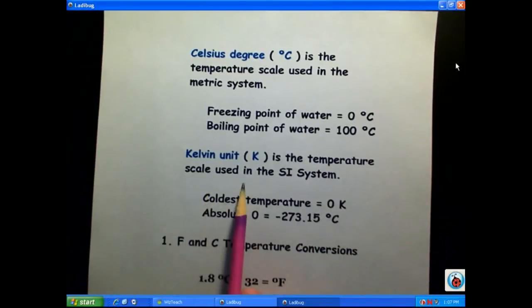The Kelvin unit, capital letter K, is the temperature scale used in the SI system. The coldest temperature is 0 K. They don't use degrees for Kelvin, they just refer to it as K. And absolute zero is the temperature when all particles stop moving, and that's negative 273.15 degrees Celsius.